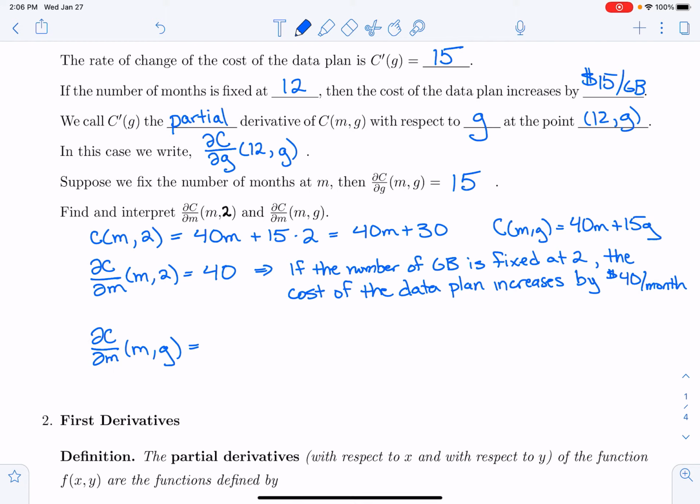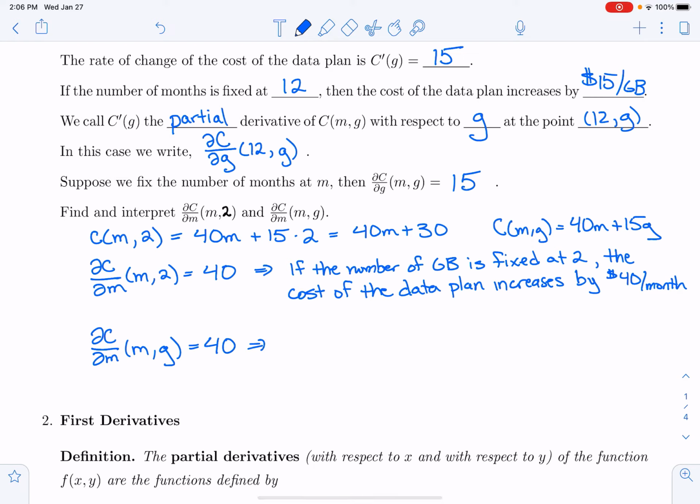And here, we're going to let G be constant. M is going to be our variable. G is just a constant. Well, if G is a constant, then 15G is a constant. That's just a number. And the derivative of 15G will be 0. So the derivative here is still going to be 40.